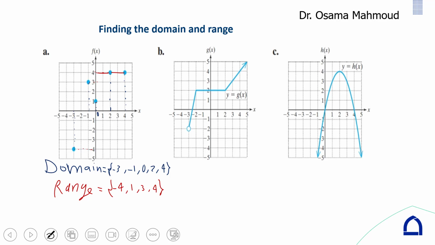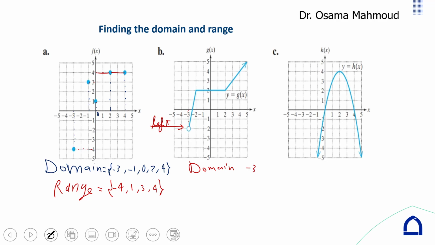When we have a continuous graph like this one, to find the domain, we come from the left, and we know the minimum value of x, which is minus 3.